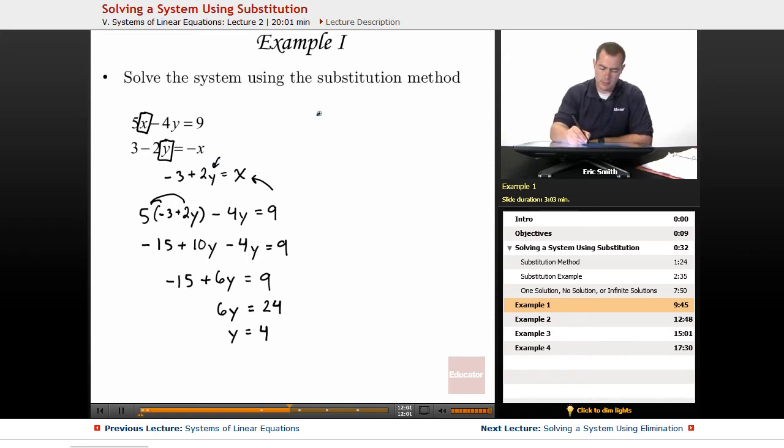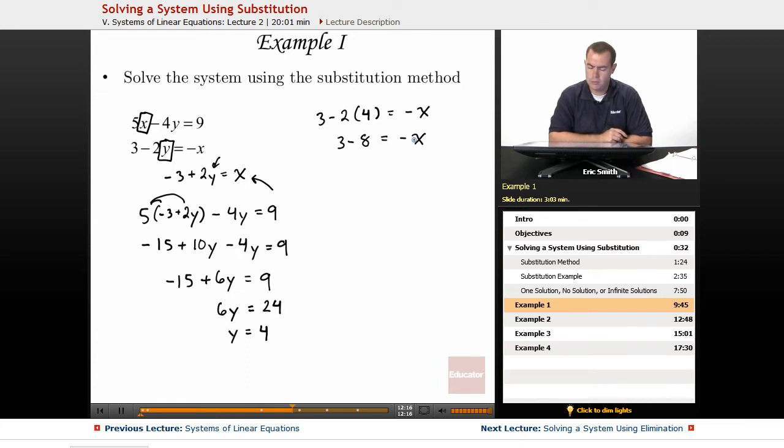All right, so let's see. 3 minus 2, and we'll put the 4 in there. Now we'll take this and solve for x. So 3 minus 8 equals negative x. 3 minus 8 would be -5. And dividing both sides by a negative, I have that x is equal to 5.